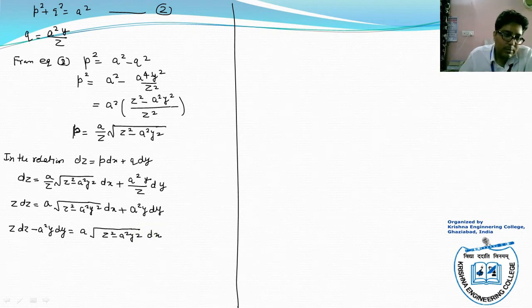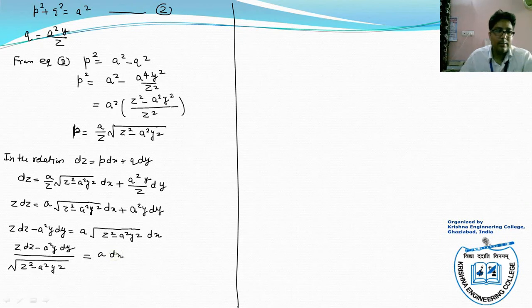Now separate the variables, then we get z dz minus a square y dy upon under root z square minus a square y square is equal to a dx, and then integrate on both sides. Clear?